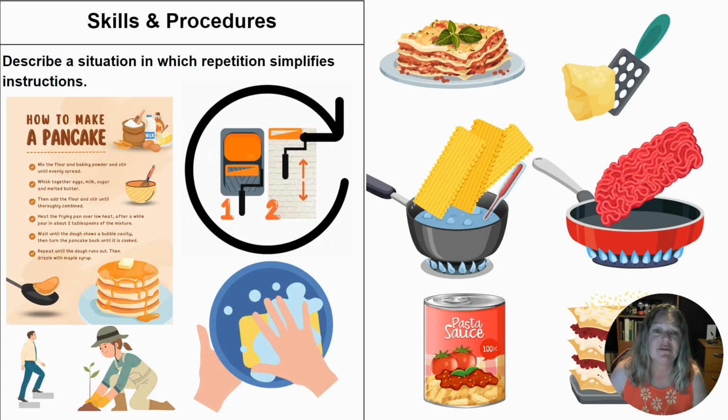How can I simplify that with a loop? Washing a dish, planting a garden, going upstairs, anywhere we can think that we need to repeat. We did the pizza earlier. A lasagna reference lends itself really nicely because again, we go through these steps and then at the end, do this and then do it again and then do it again.